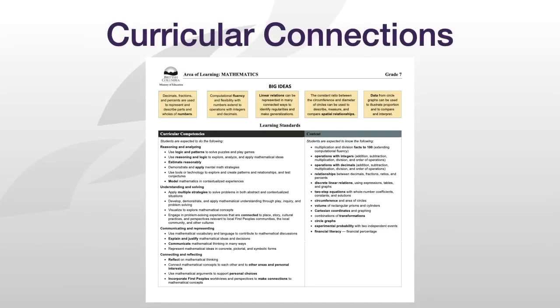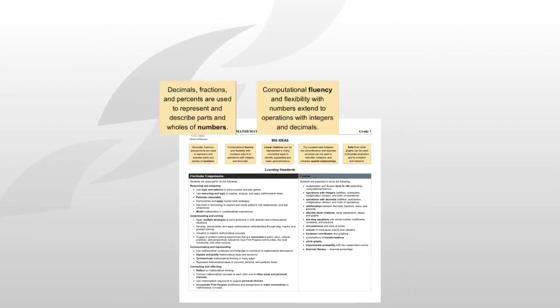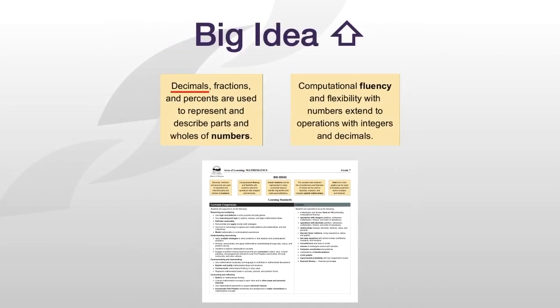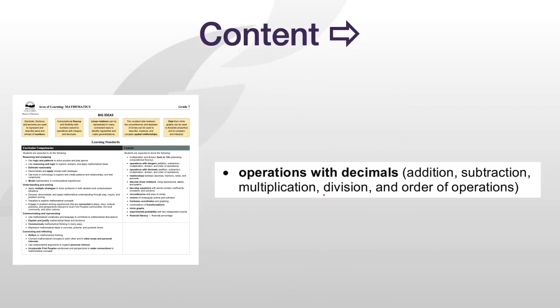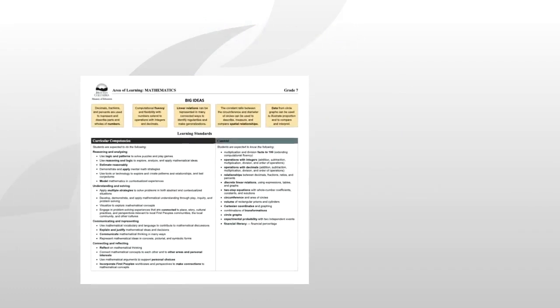This video addresses several learning standards in the Mathematics Grade 7 curriculum. Throughout the video, we use decimals to represent and describe parts and wholes of numbers. We also extended division of whole numbers to make sense of dividing decimals. In this content standard, we focused on dividing decimals and order of operations.